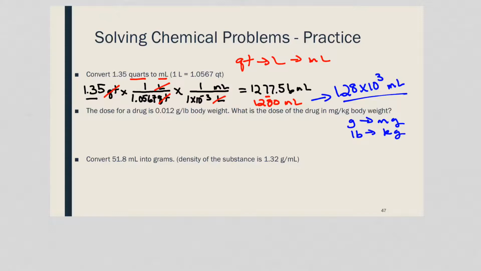So if we start to write this out, with 0.012. Now, the way this is written is when we have these complex units, like density, for example, which we'll do another example here, the number goes with the top unit, so 0.012 grams per, essentially, 1 pound. Now, we don't have to write out the 1, but we can say per pound.